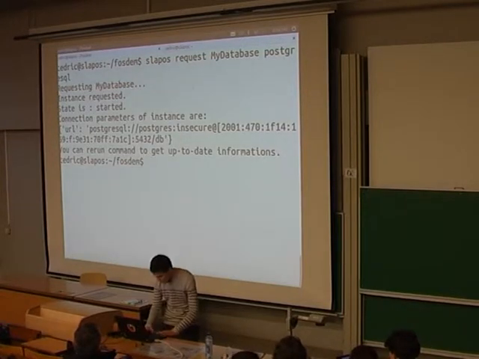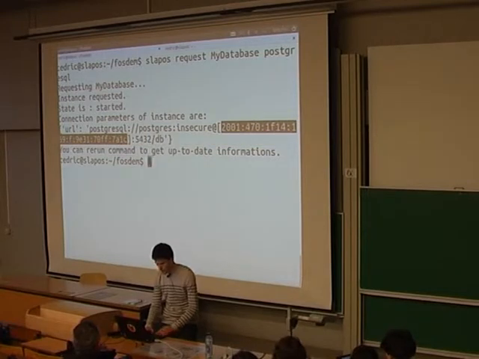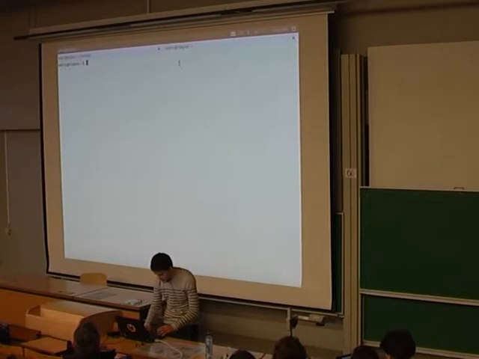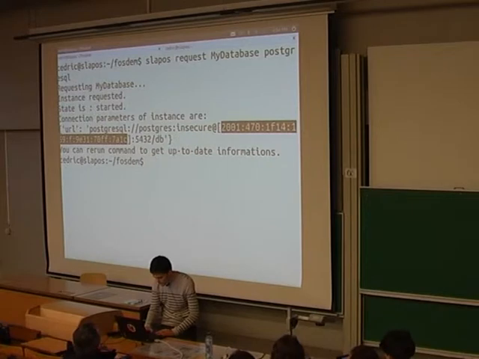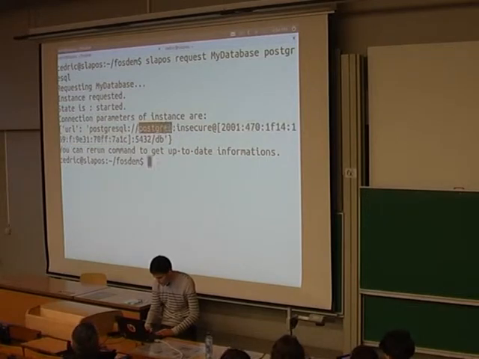Okay, it's ready, and this time we connect directly to the IP. This is an IPv6. I will directly connect using the psql command, with host and user postgres, and the secure password is insecure.